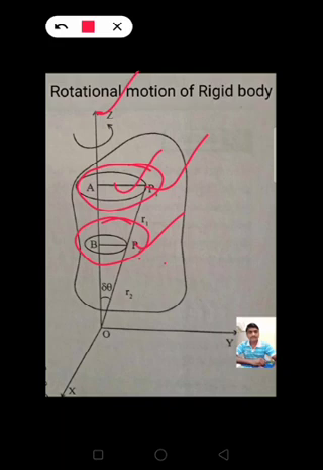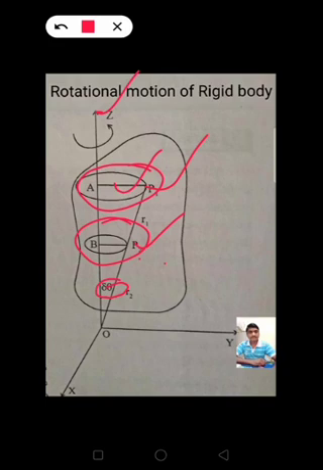Both are moving with the same speed around the axis, so that after a duration delta t seconds of time, both the particles make the same angle delta theta. We call this delta theta angular displacement.